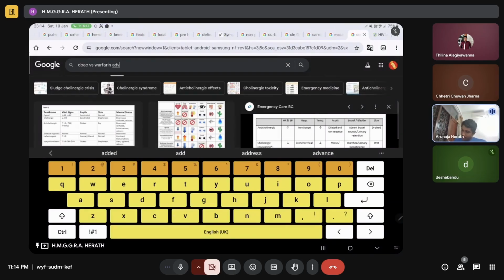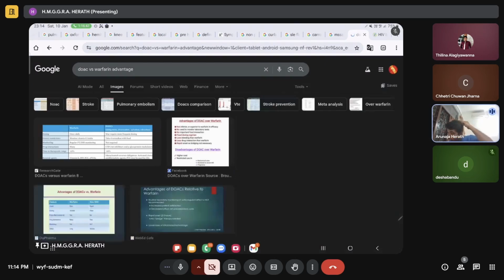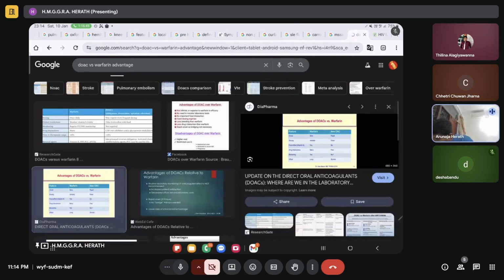In a patient with non-valvular AF, what is the score that you use?